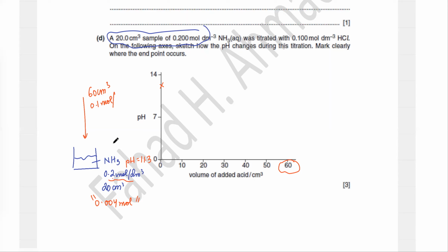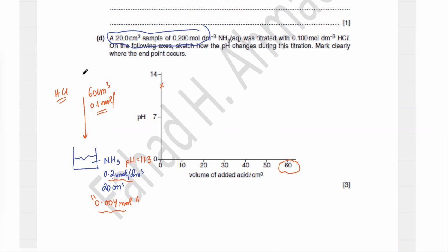0.004 moles. Anyway, by looking at the graph over here, the amount of acid added is 60 cm cube. So it's a 3-mark question. And the concentration is 0.1 mole per dm cube. So how much HCl are you adding? How many moles of HCl? At the bottom there's 0.004 moles of NH3. So find the moles of HCl.